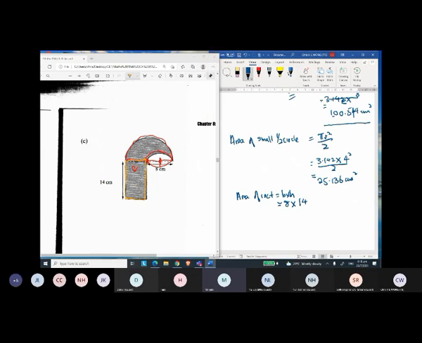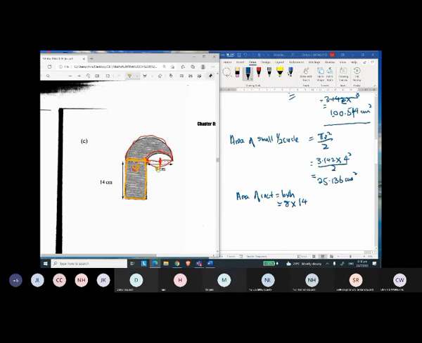Can I know how you get 8? Because just now you said 8, then half it should be 4. Now it has nothing to do with the circle. I'm talking about the rectangle. They already tell you this is 8.